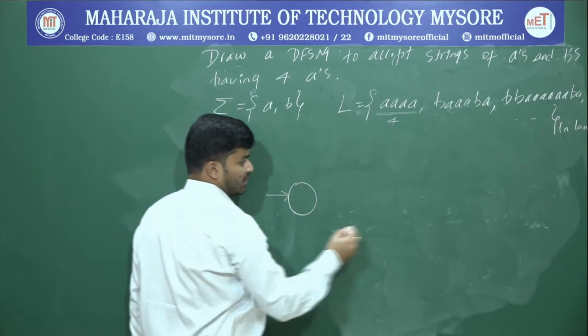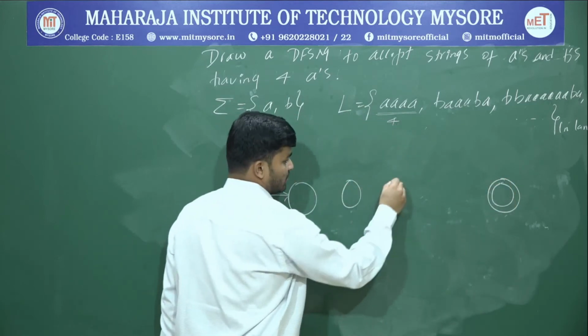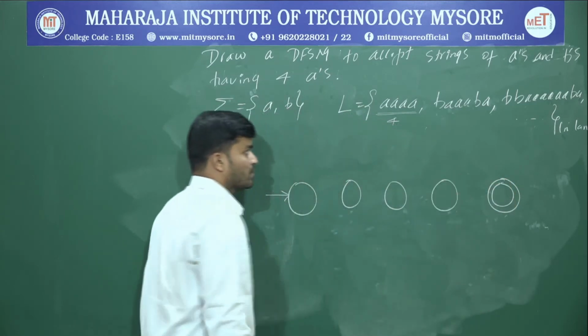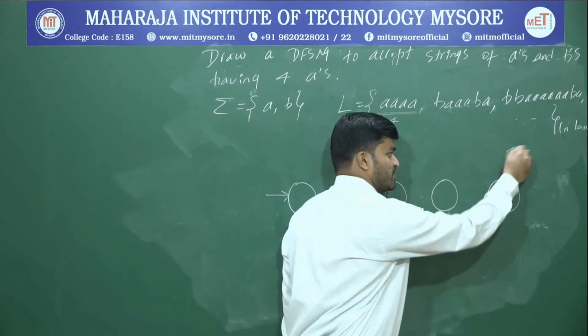One should be the start state, one should be the accepting state, and there should be 3 intermediate states. Because it is 4, there should be 5 states.